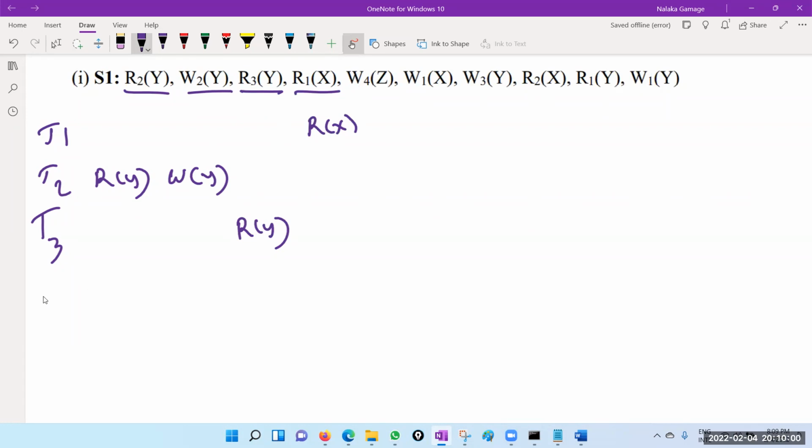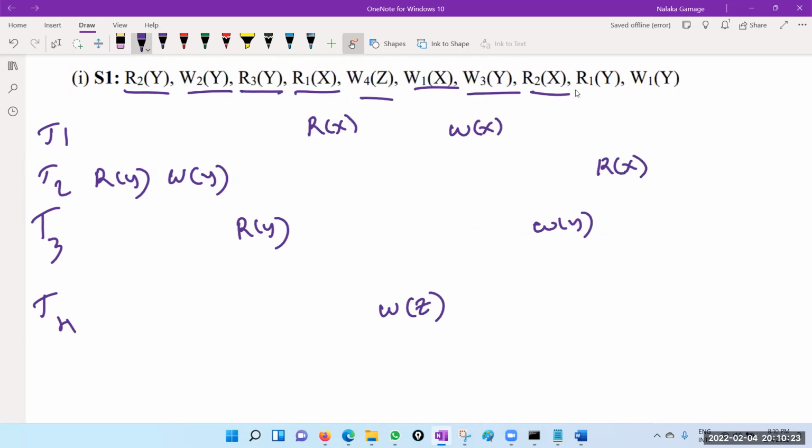Transaction 4 is also there. Transaction 4, write Z. Transaction 1, write X. Transaction 3, write Y. Transaction 2, read X. Transaction 1, read Y. Transaction 1, write Y. That's it.